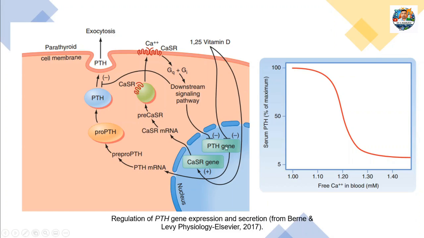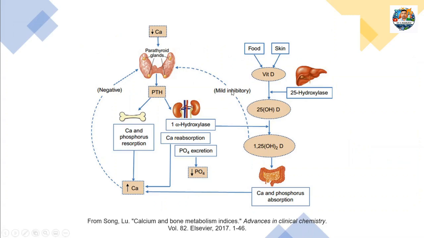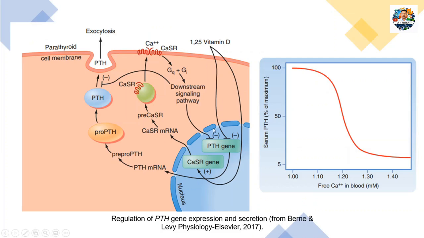So it can directly come and bind to the vitamin D response element on the parathyroid hormone gene. So the presence of vitamin D also inhibits the transcription of the parathyroid hormone gene, as we have seen in the previous slide. As you see here, vitamin D inhibits the production of parathyroid hormone. So the inhibition is through the inhibition of the transcription of parathyroid hormone.